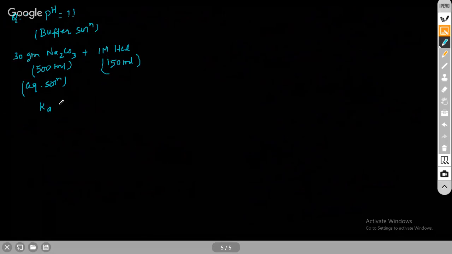Ka is given for HCO3 minus, 5.63 into 10 to the power minus 11.